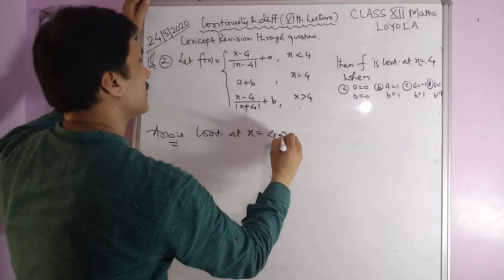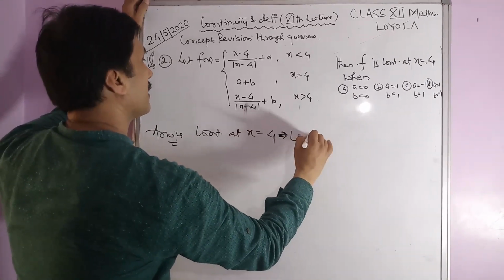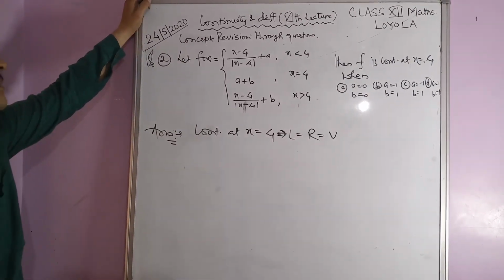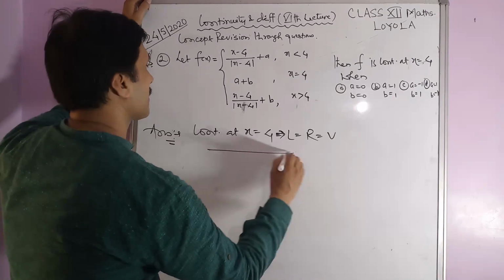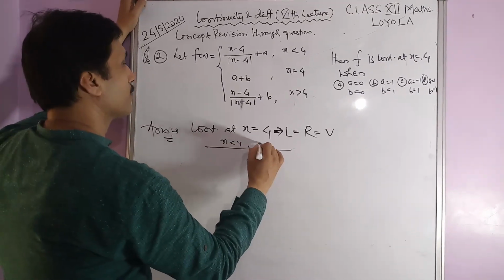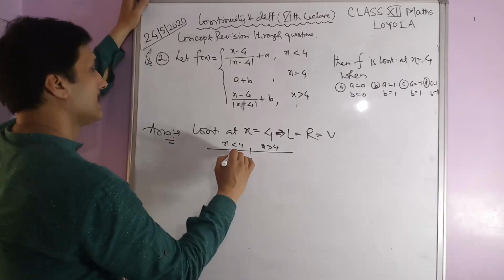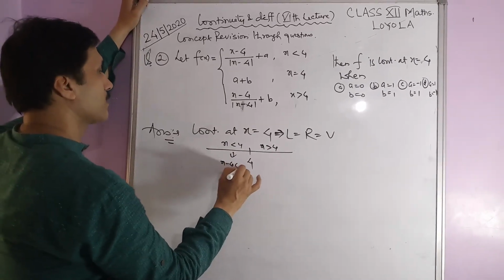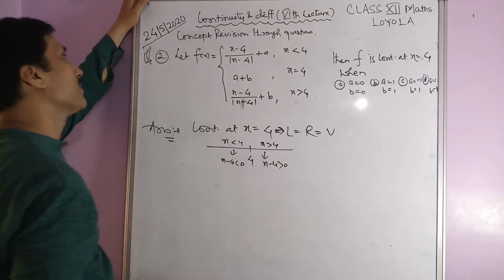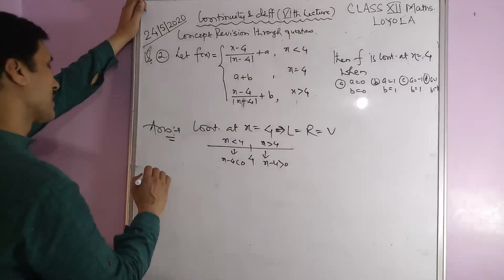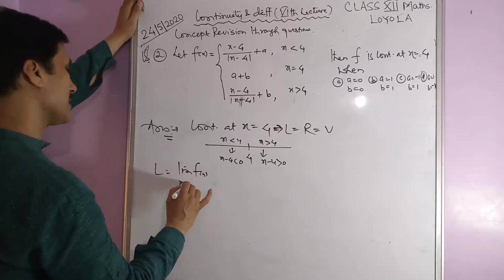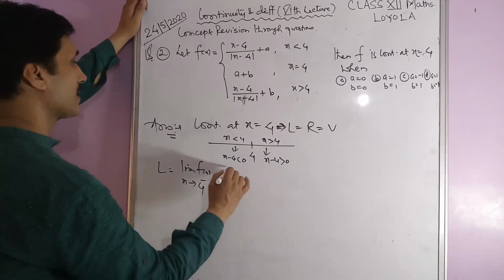This implies L equal to R equal to value. Left hand limit, right hand limit, value. This is the point 4. X less than 4, x greater than 4. In this part x minus 4 is less than 0, and in this part x minus 4 is greater than 0. So, left hand limit of f(x) as x tends to 4 minus.